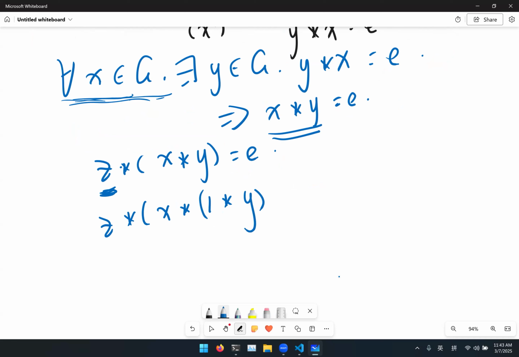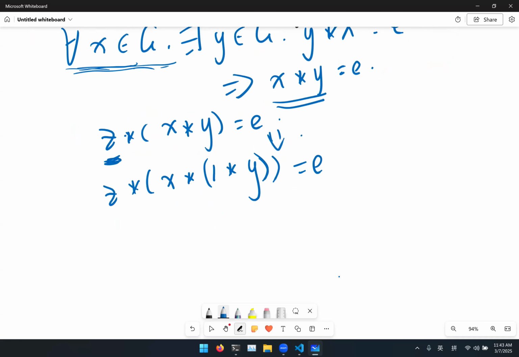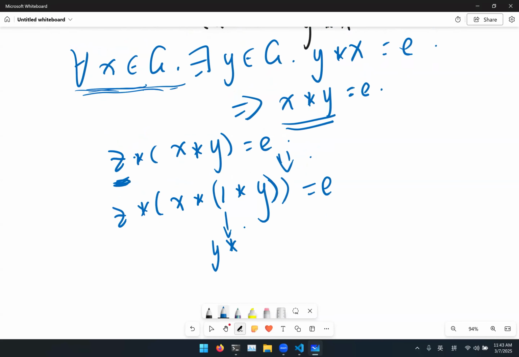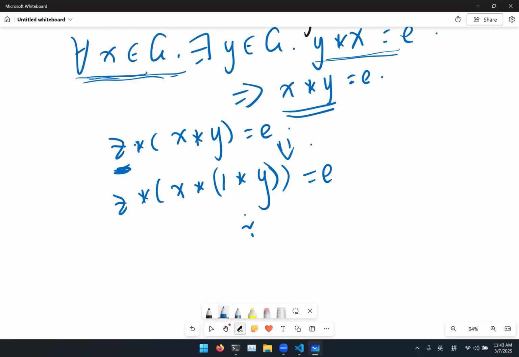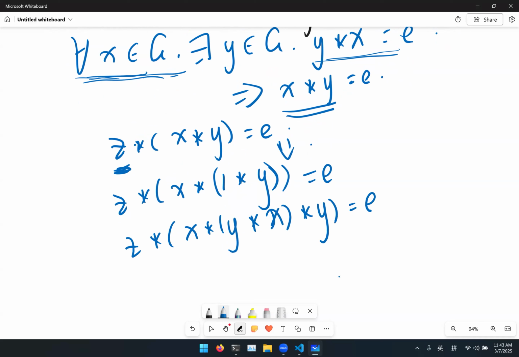So we can write y to be 1 multiply y equals e, and further we write 1 to be y multiply x, because we already have this left inverse. So we write 1 to be y multiply x multiply y equals e.